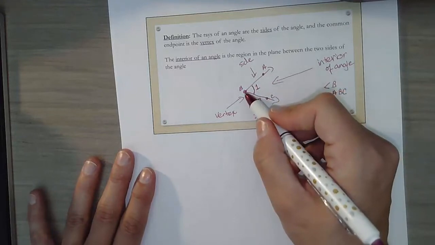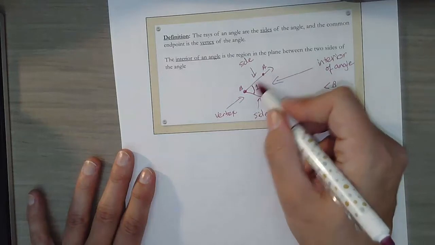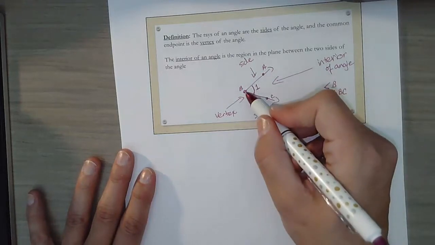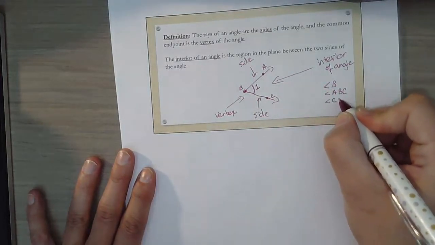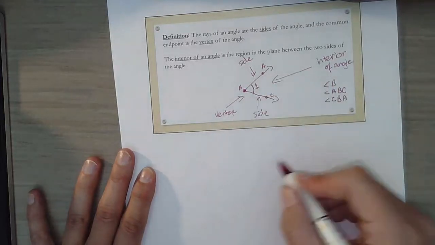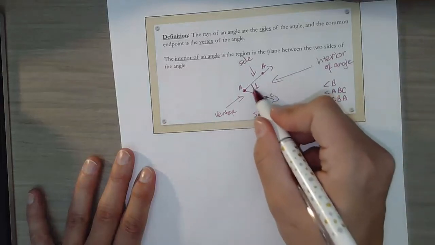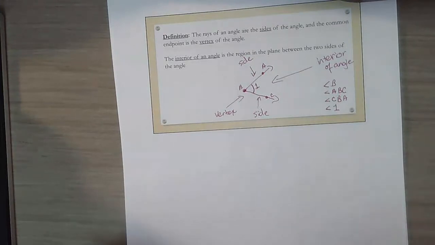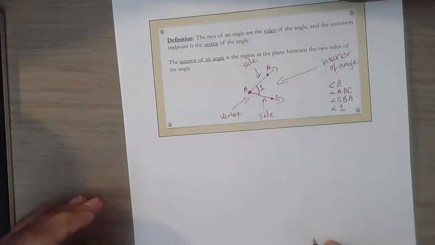Now you'll notice that the B, the vertex, is in the center, so you have to go in order. You can't do A, C, B. The B has to be in the center. It can also be labeled as CBA, because you can go in the reverse order. Or this can be labeled as angle 1, because that's what I've labeled in here. Those are just different notations for the labeling of this particular angle.